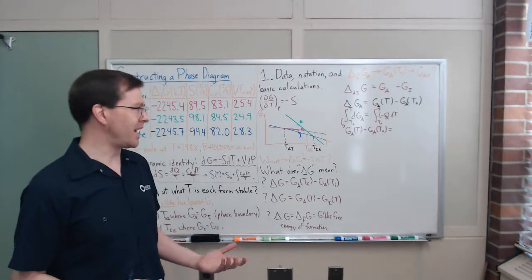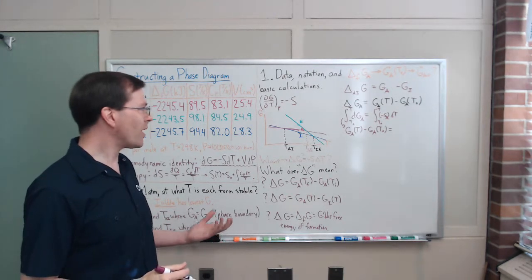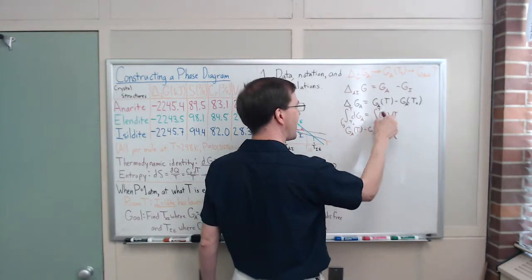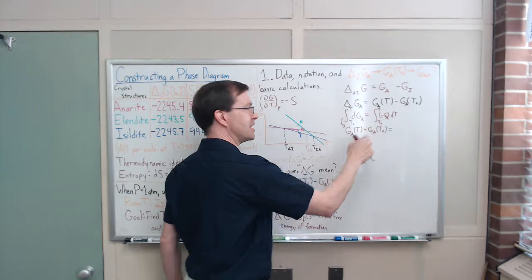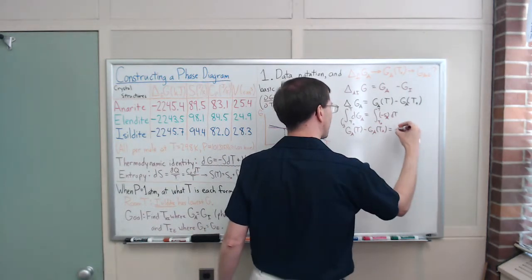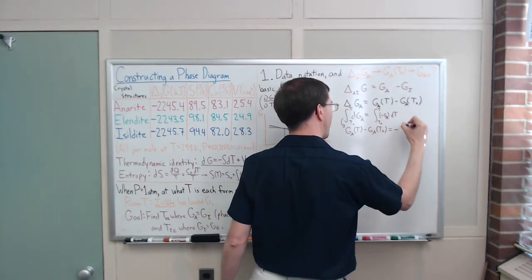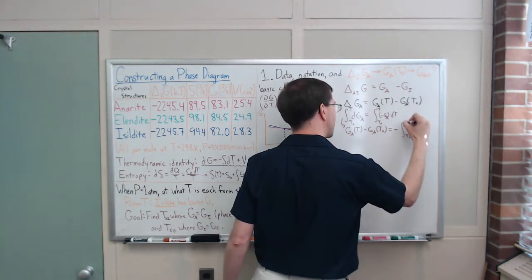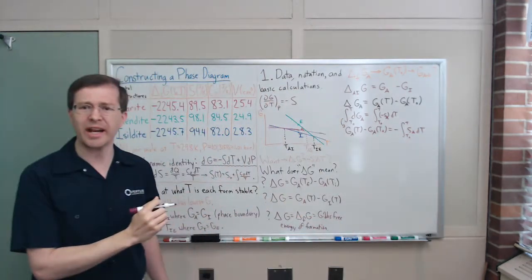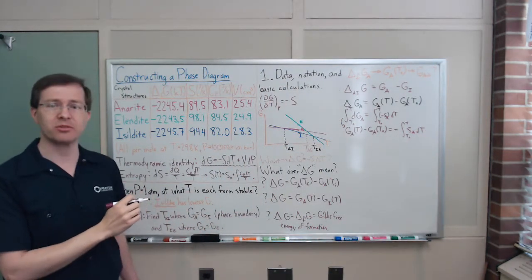I want to say that it's equal to just minus S times T minus T naught, minus S times delta T. But I'm not going to. I'm going to say minus the integral from T naught to T of S_A dT, because I know that entropy changes a lot from one temperature to the next.